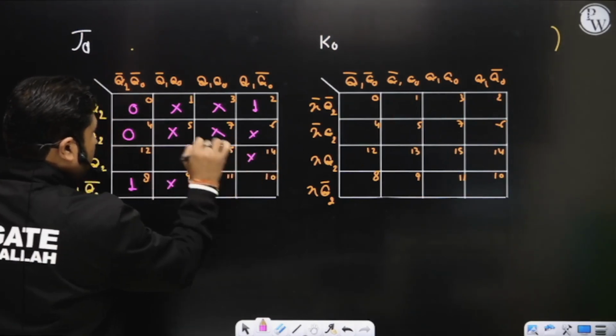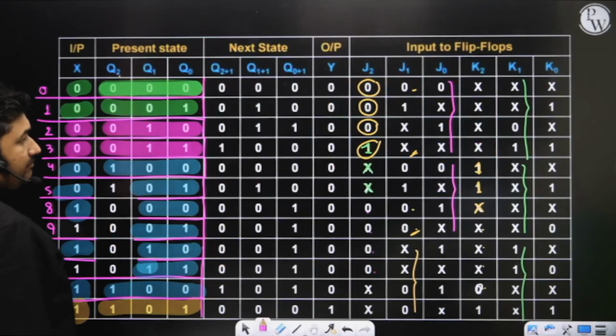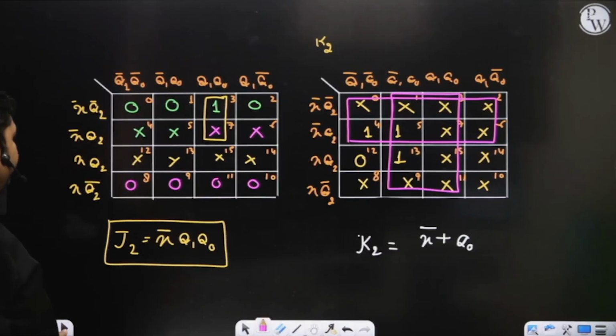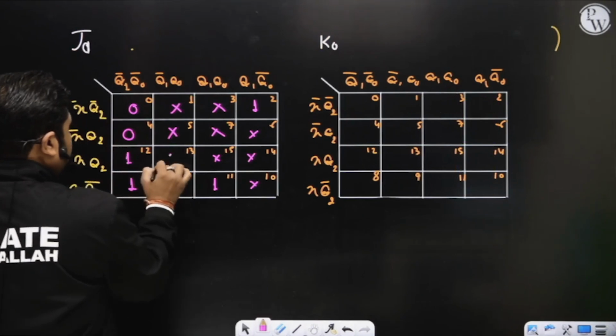These four are cross only. Now 1 don't care, 1 don't care, 1 don't care, 1 don't care.